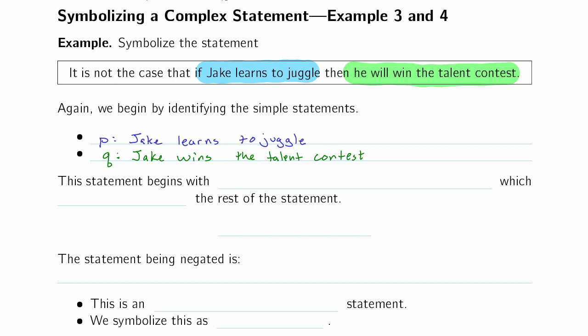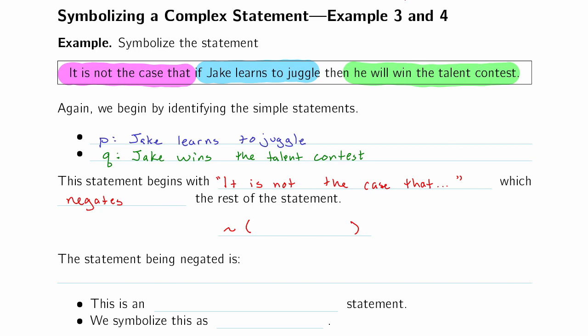Notice that this statement begins with the phrase, "It is not the case that." What that phrase does is to negate everything. Whenever you see a sentence that starts with, "It is not the case that," that is not whatever it is that is not the case.